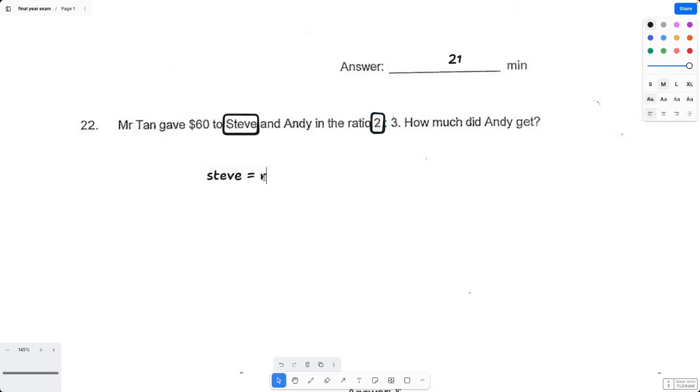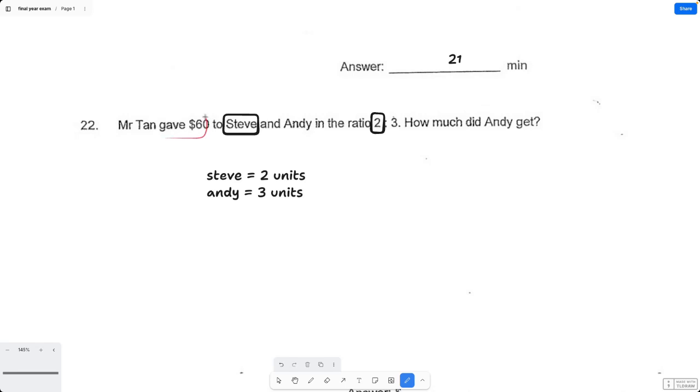So Steve will be 2 units and Andy is 3 units. So Mr. Tan gave $60 to both Steve and Andy, right?